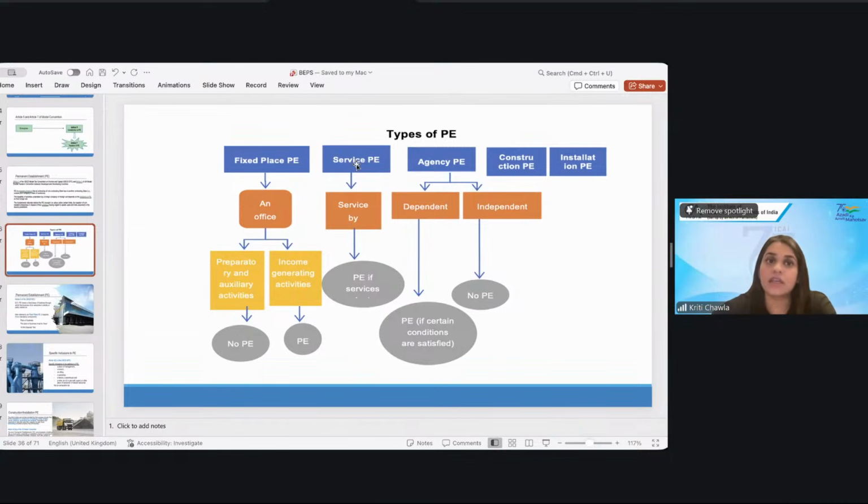It's not there in the OECD Model Taxation Convention. Then there is agency PE, dependent agents and independent agents. There's also a construction and installation permanent establishment. All these permanent establishments are something which we will be discussing going forward. But just take a minute and read through these different types of PEs that we have.